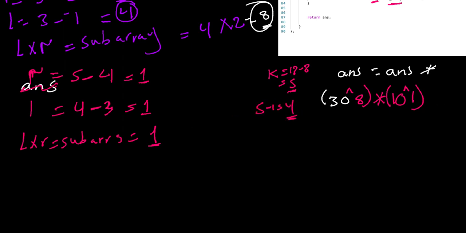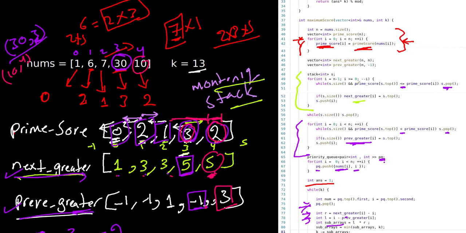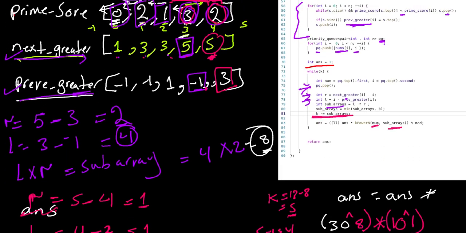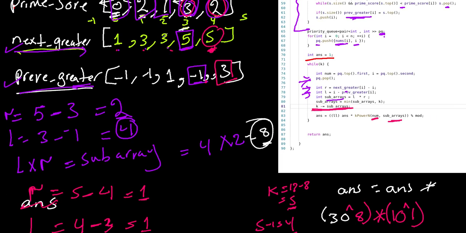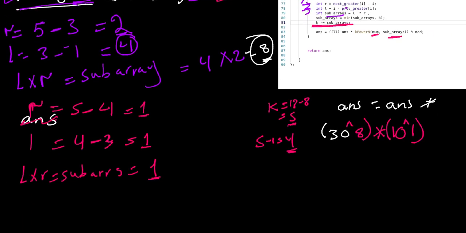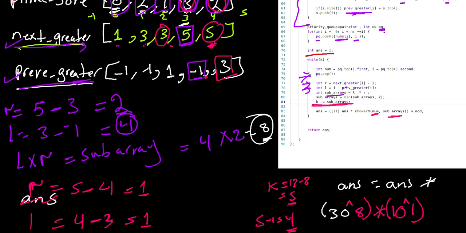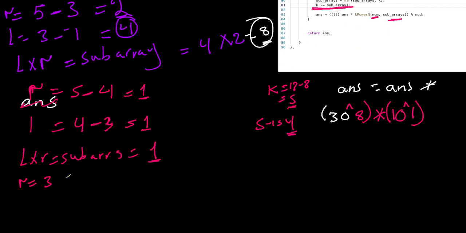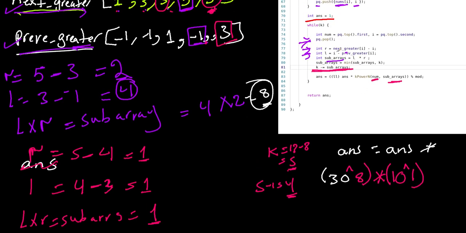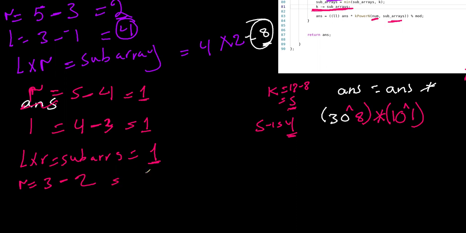The next highest number is 7 at index 2. At index 2 the next greater element is 3, so R equal 3 minus the current index, which is 2, and this equal 1.